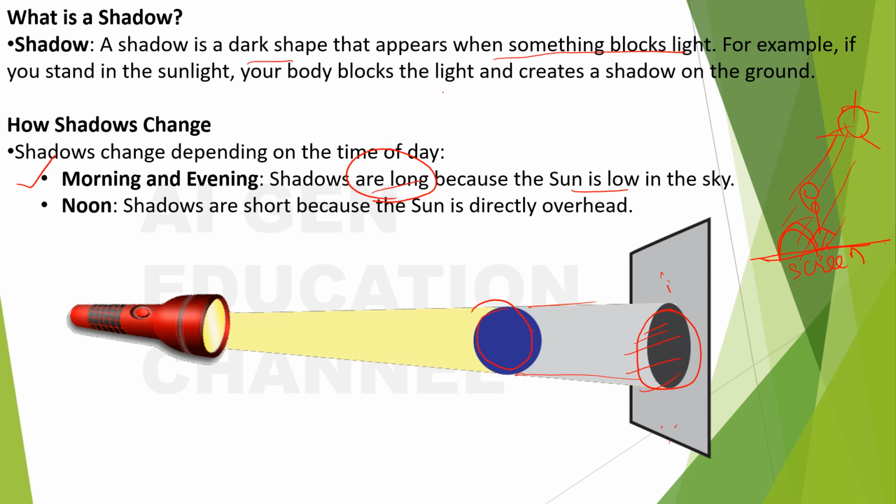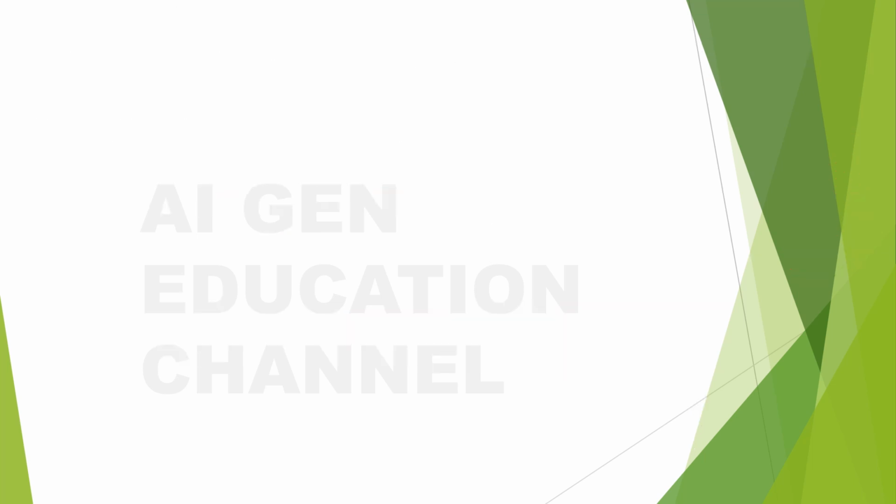It all depends upon these rays, how vertical or how slanting the rays are. So in the morning and evening, in the shadow, you will be longer than you actually are, and at noon, shadows are short because the sun is directly overhead. So this is about shadows. We are done with the concept of shadow and we are done with chapter 2.